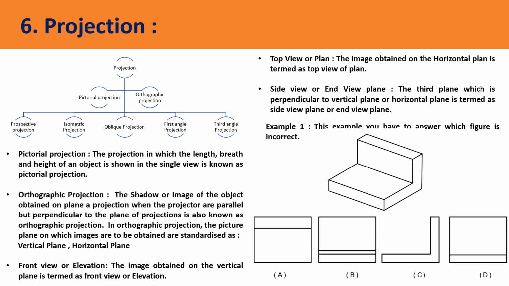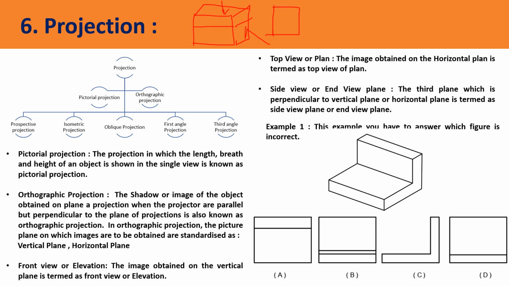In this question they have asked you to answer which figure is incorrect. Talking about the top view, if this is my 3D figure, my plan would look like this if I look from above.